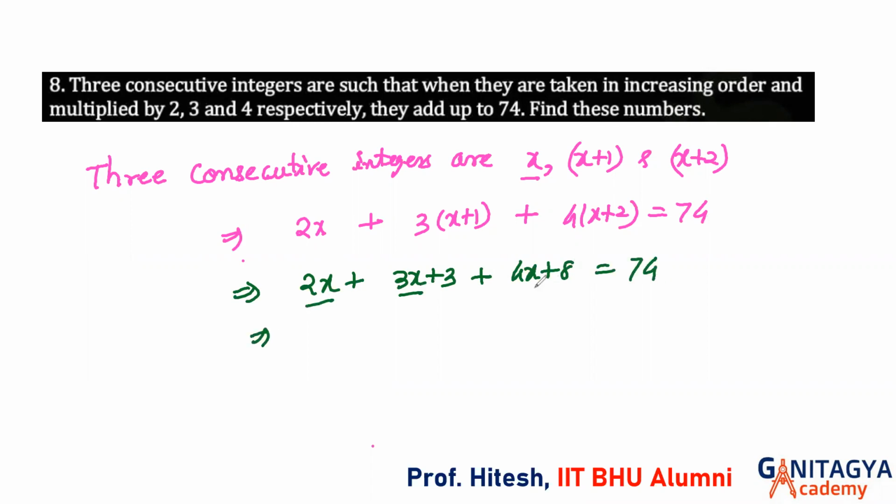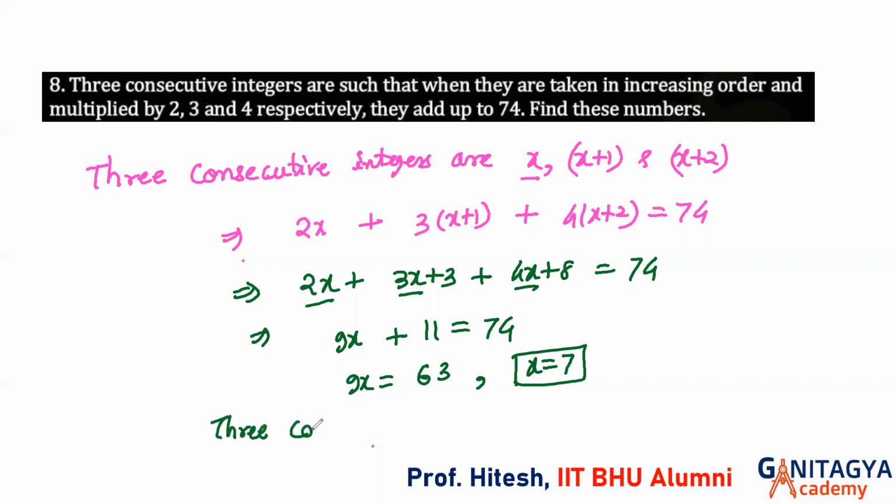So 9x plus 11 is equal to 74, 9x will be 63, so x is 7. So the 3 consecutive integers are 7, 8 and 9.